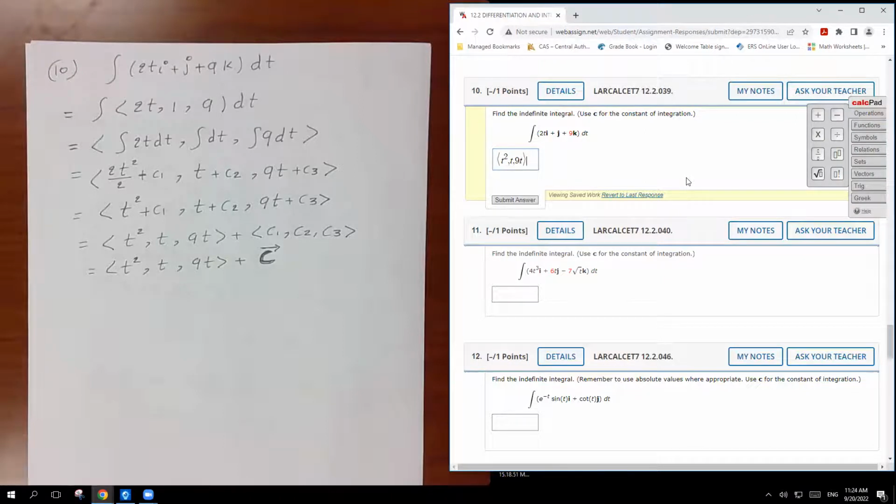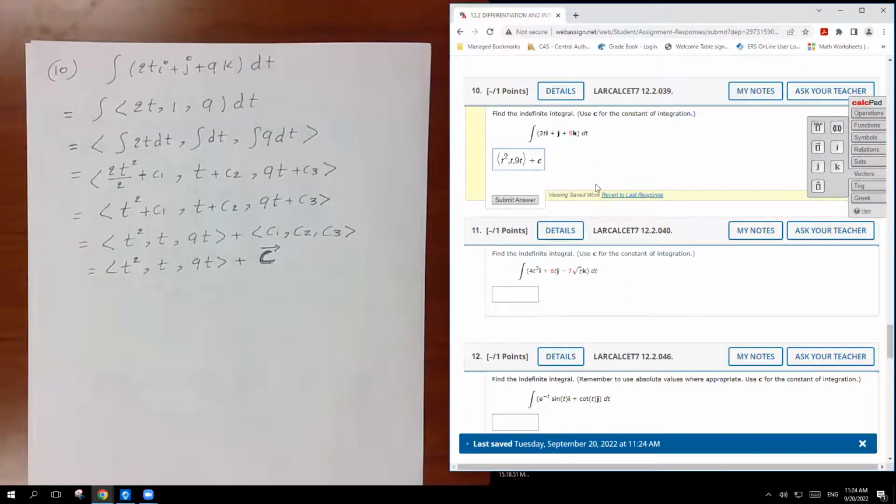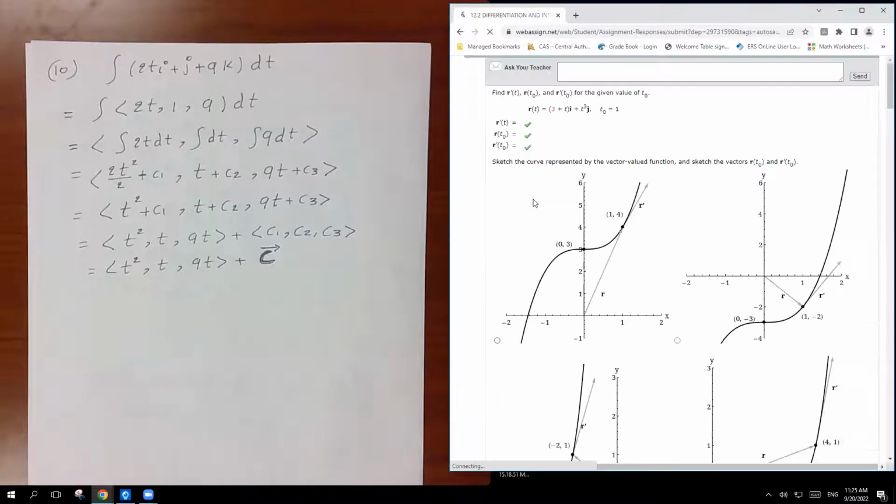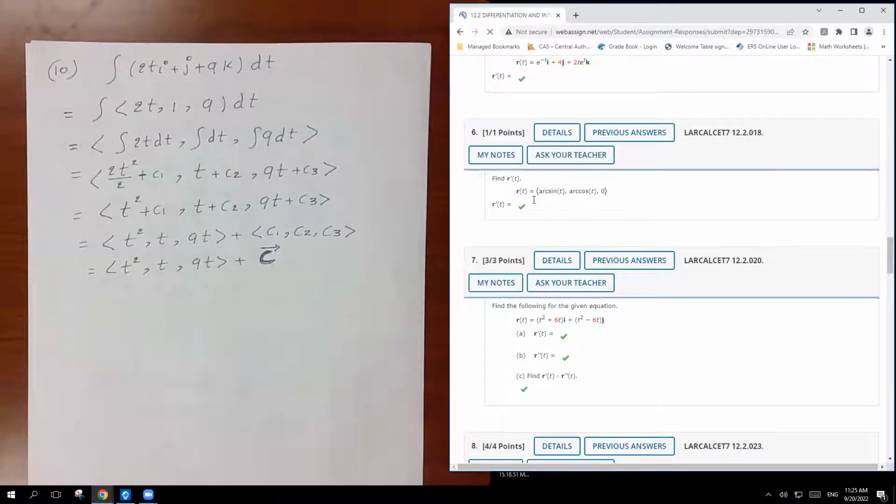This is the vector, and then plus c. We're going to type the bold c. Let's go to the vector, here is bold. Yes, this one. Let's check this one. That means this is a vector c.